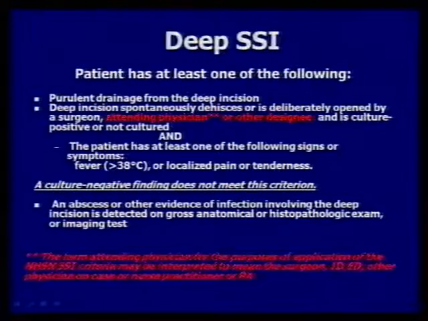And then you have to have at least one of the following: purulent drainage from the deep incision. The deep incision spontaneously dehisces or is opened by the surgeon with some of those same symptoms. Again, if the culture is obtained and it's negative, you cannot use that piece of the criteria.